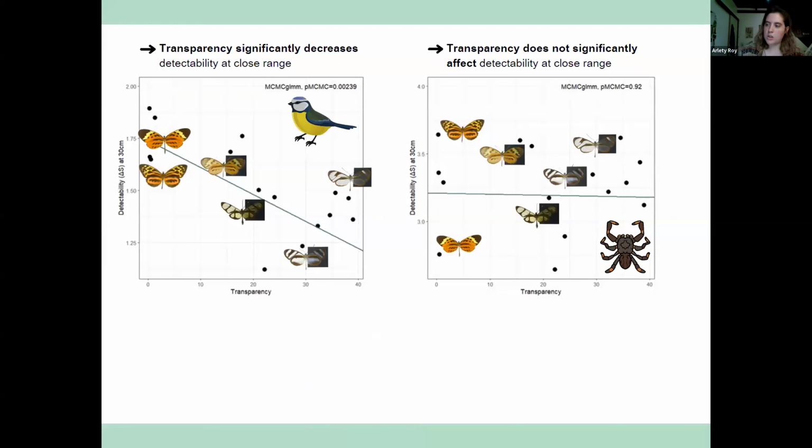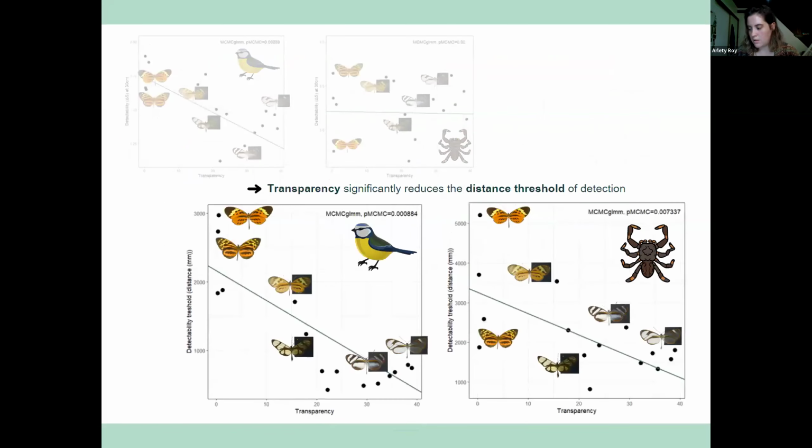So at close range, we found that transparency decreases detectability for birds and not for arthropods. And for both birds and arthropods, we found that transparency decreased the distance at which they were no longer detectable, making the more opaque species still detectable at greater distances than the transparent species.